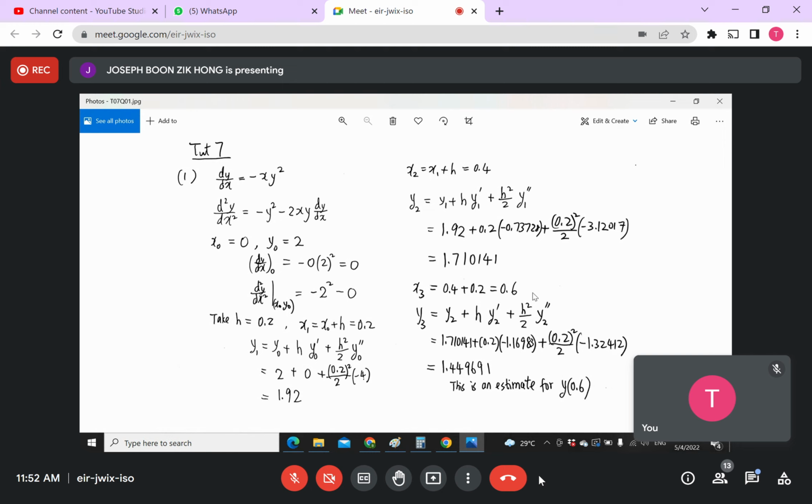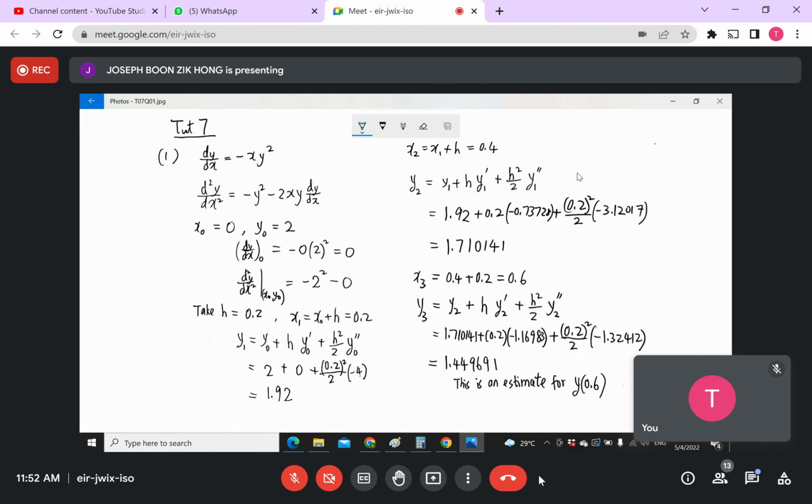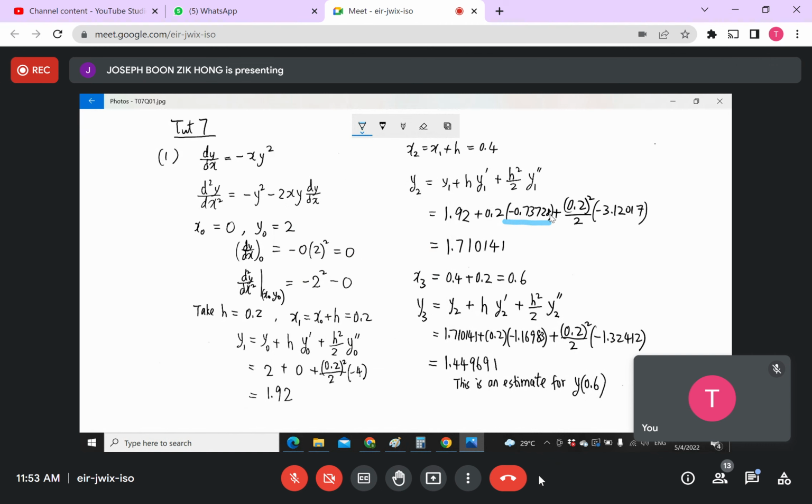Do you get the answer? Anything you want to ask regarding this solution? If not, I will proceed to the next one, Euler method. I repeat again, how I get this one, I just directly negative 4 because my x is 0.4, so I will put in 0.4, and then my y is 1.